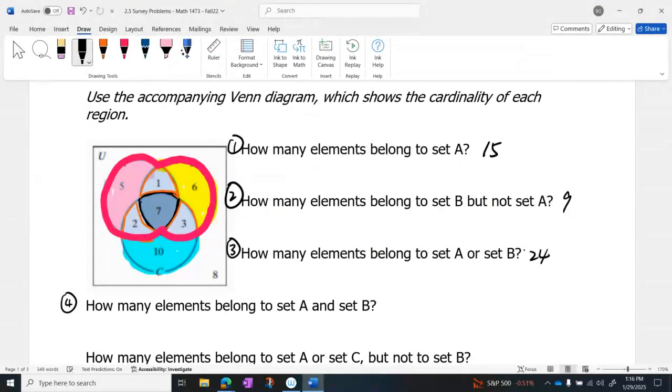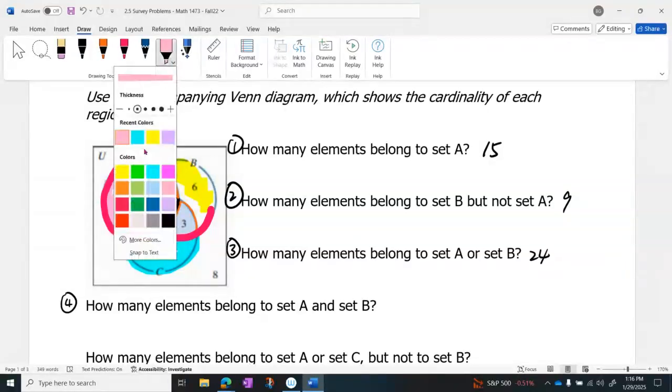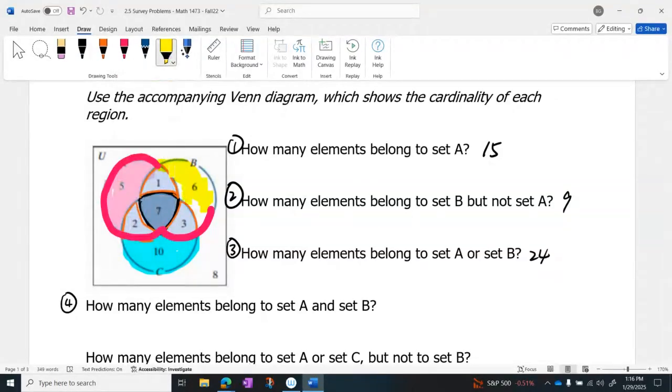The fourth question. Let me erase this. Okay. It's yellow. Okay. So number 4. How many elements belong to A and B? A and B. The logic connective is and.